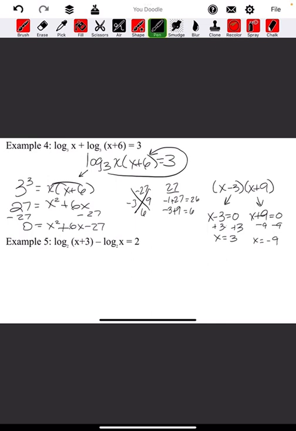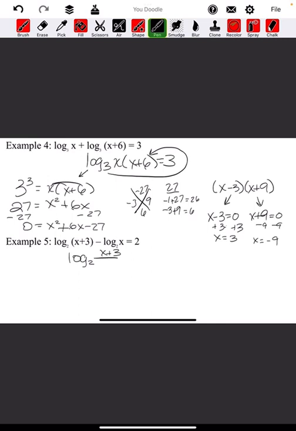Now let's solve it by trying to factor. I'm going to make my x method, putting negative 27 on the top and 6 on the bottom. The factors of 27 are 1 and 27, 3 and 9, and that's it.